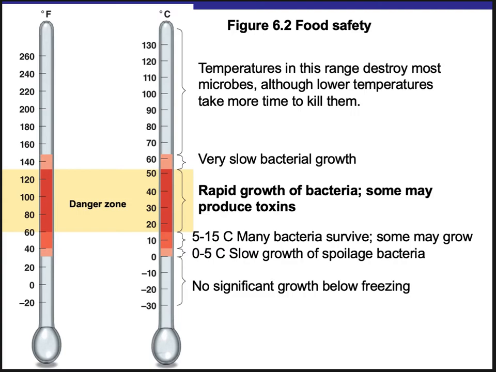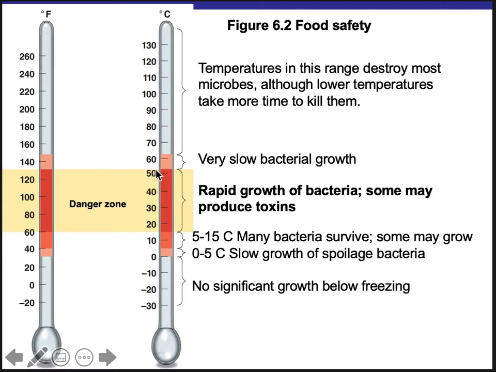So for food safety, we have what we call the danger zone. The danger zone is anything from pretty much room temperature up to about 50 to 53 degrees Celsius, which is pretty warm, right?